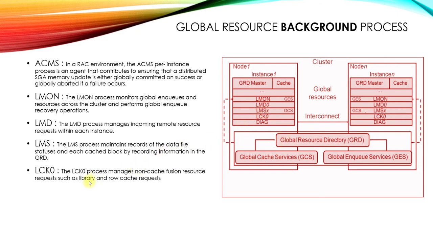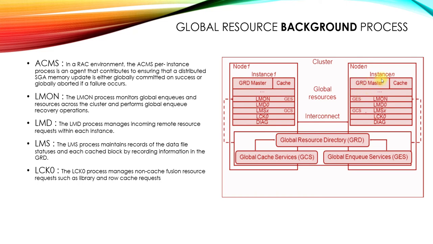What does LCK do? The LCK process manages non-cache fusion resources such as library and row caches. Not everything is exchanged over the interconnect. Blocks are the important thing that are moved.